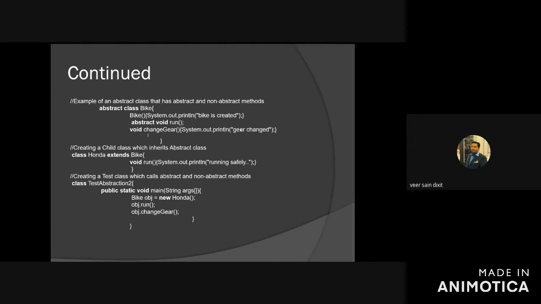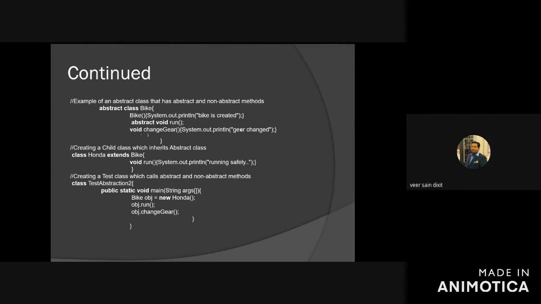So the idea here is that you will make an abstract class and within that abstract class you will define various abstract methods and non-abstract methods. Then you can create various subclasses to implement those abstract methods.